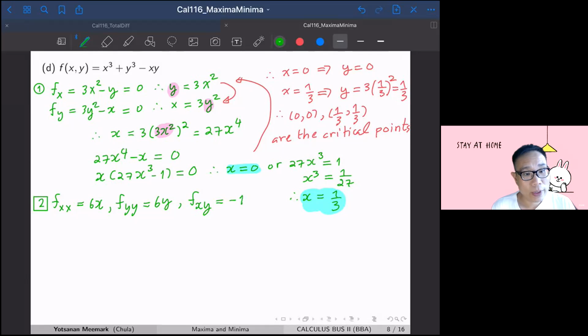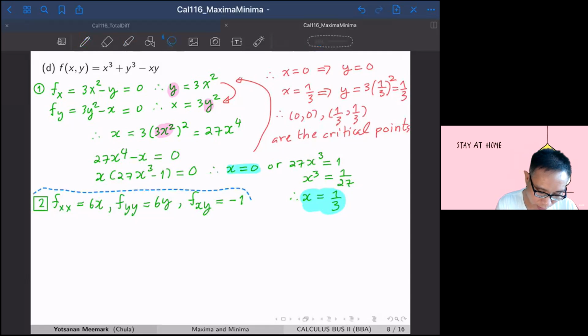So you have fxx equal to 6x, fyy equal to 6y, and fxy equal to -1. Let me change the color.